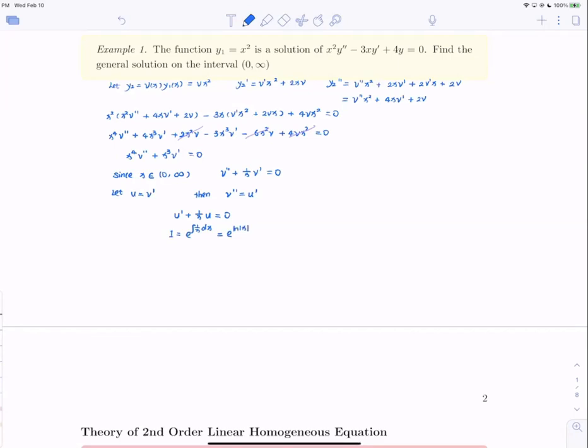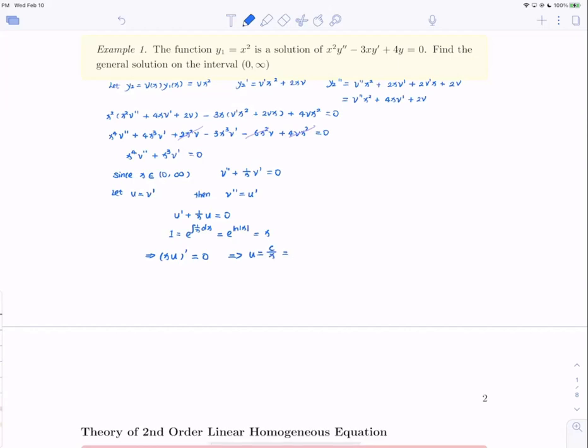Since x is greater than 0, that's the same as x. So we know that (xu) prime equals 0. Then xu equals c, so u equals c over x.